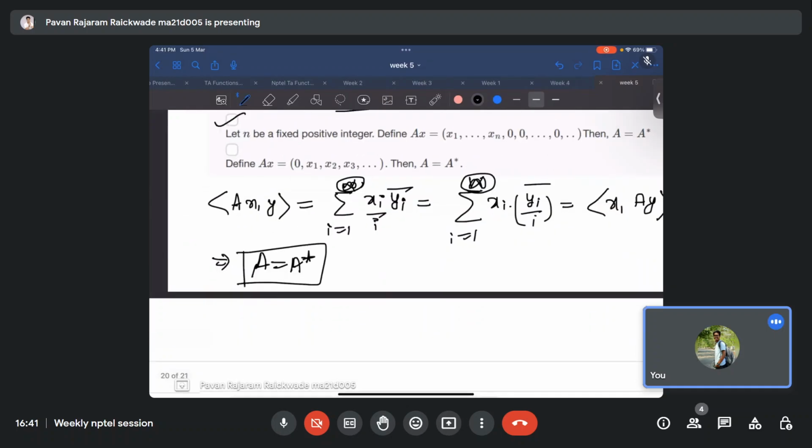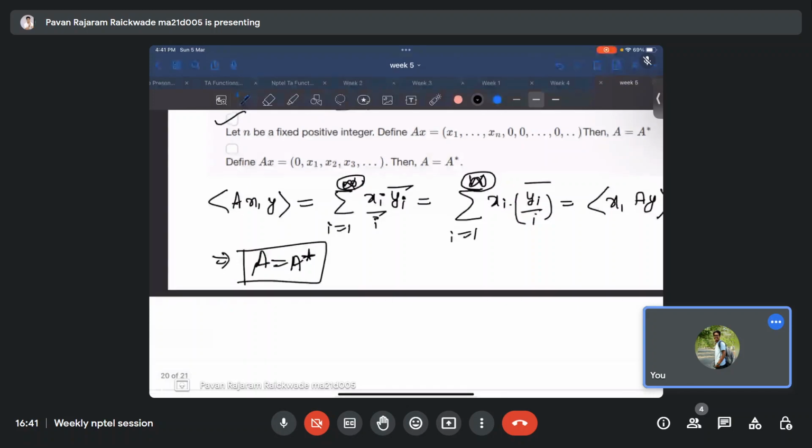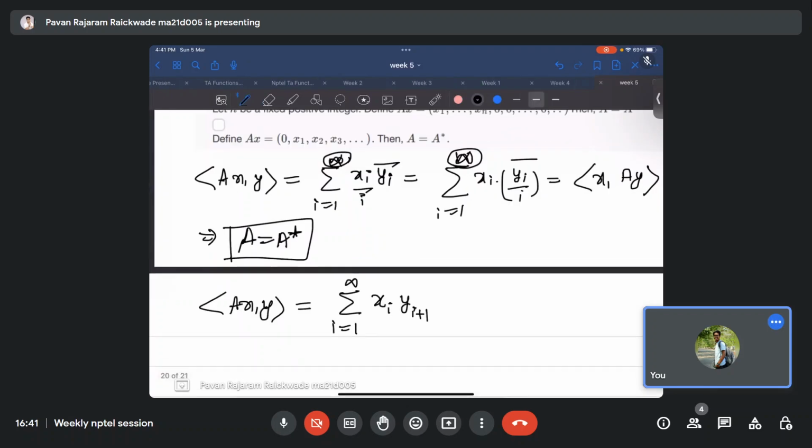And the third one is a right shift operator. So what will be the inner product of Ax with y? It equals summation xi y(i+1), i going from 1 to infinity.